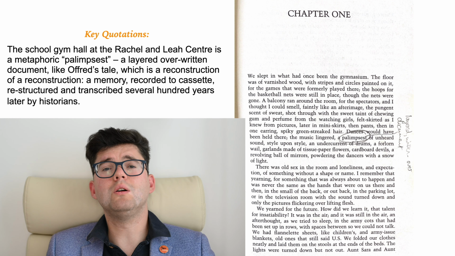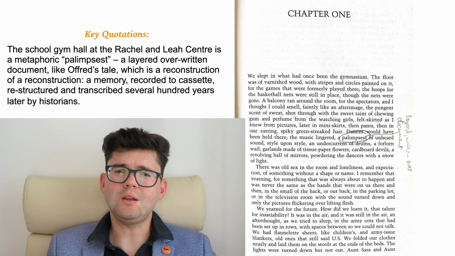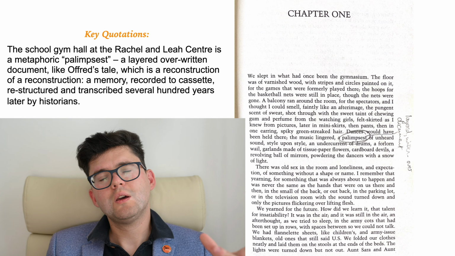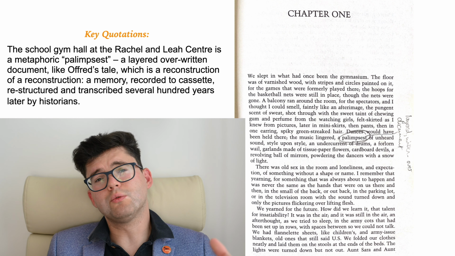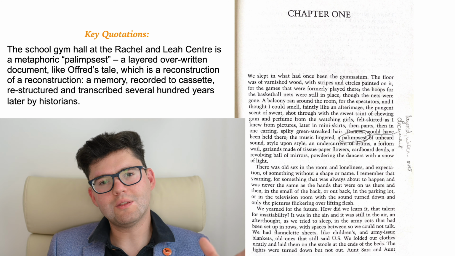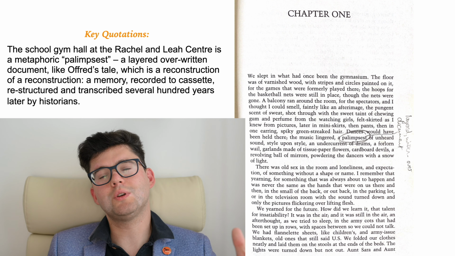He's written over it. And Atwood's message here, excuse the motorbike, is that with that kind of rewriting, it may cover over with sexist male attitudes the story that Atwood, Offred, wanted to tell.